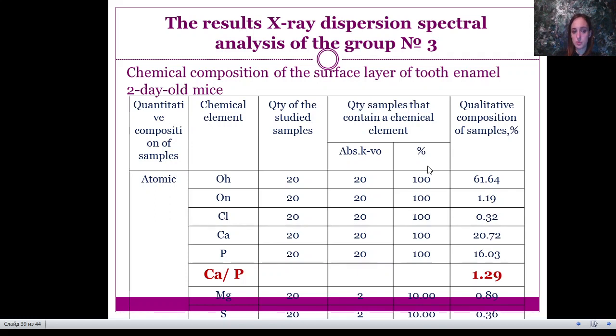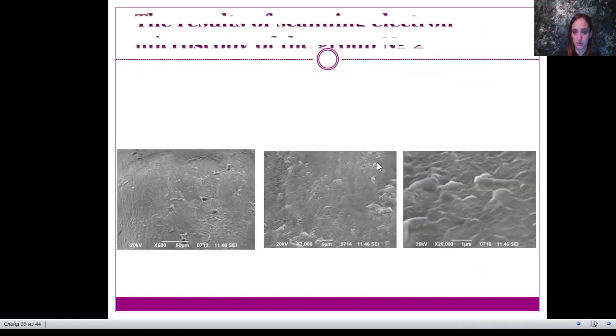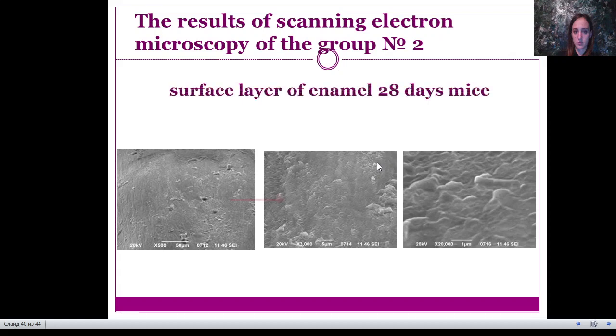Then the third group and also 2 days old mice. And here is ratio, can be 1.33. And surface layer of enamel 28 days. It is surface of enamel on the picture.